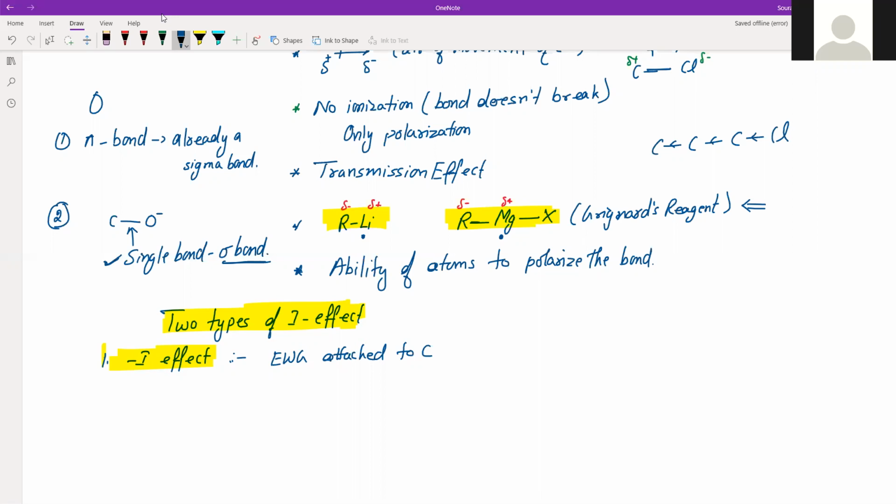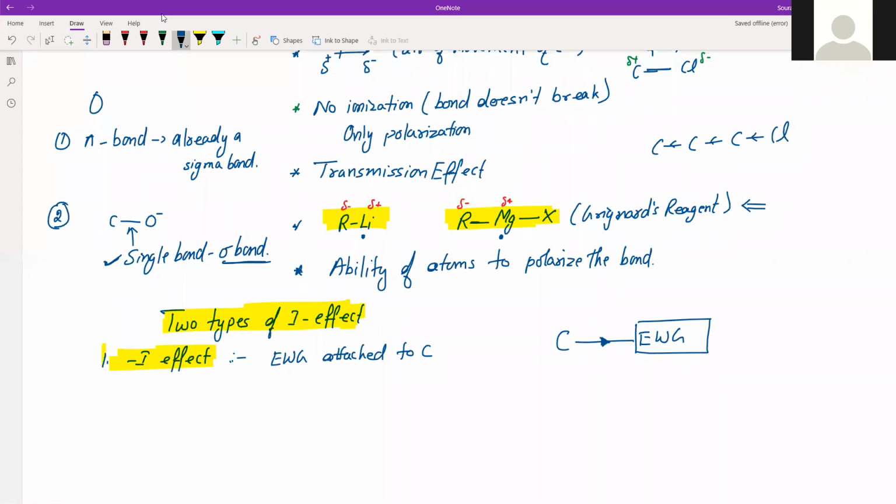Right? So what will happen? This is carbon. This is electron withdrawing group. That means electron cloud will shift towards this electron withdrawing group. So electron will go away from carbon.